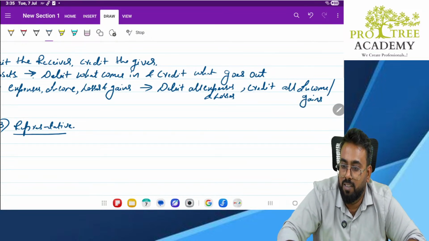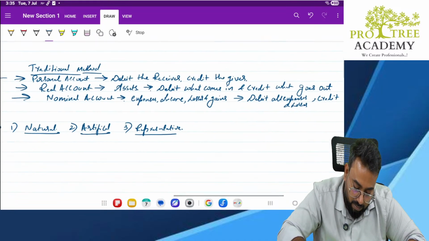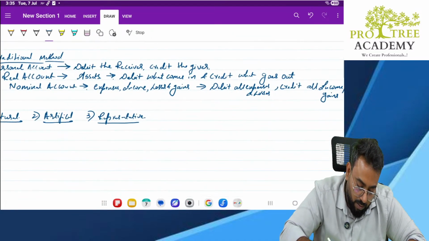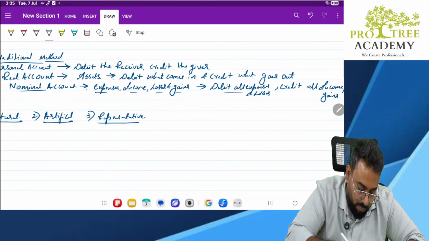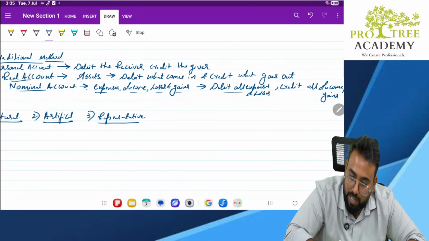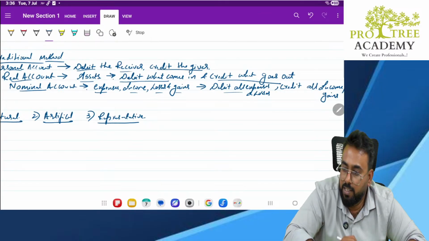Correct or no? Now, understand carefully. The nominal account will cover expenses, income, losses and gains: debit all the expenses and credit all the income. The real account covers assets: debit what comes in, credit what goes out. The personal account says debit the receiver, credit the giver.